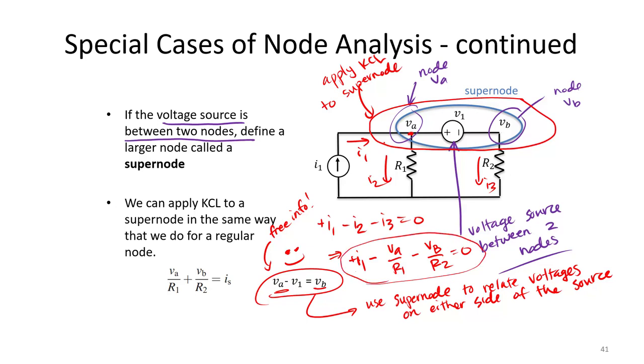We have one equation relating I1, VA, VB, and notice from source V1, we can also determine that VA minus V1 is equal to VB. So using these two equations, we can solve for those unknown voltages.